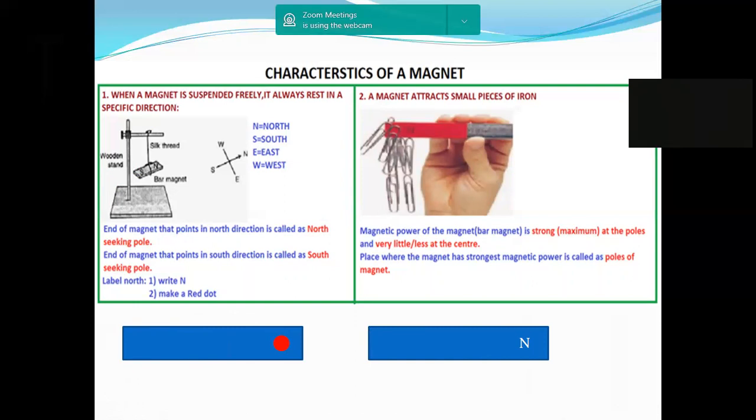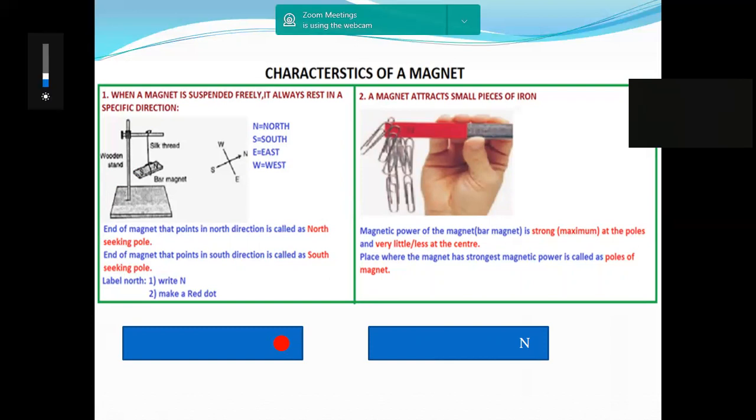Now move on to the second characteristic. A magnet attracts small pieces of iron. This we have done many times. The magnetic power of magnets is strong at the ends, at the poles, and it is least at the center, very little. Both ends are where the magnet has its strongest magnetic power.